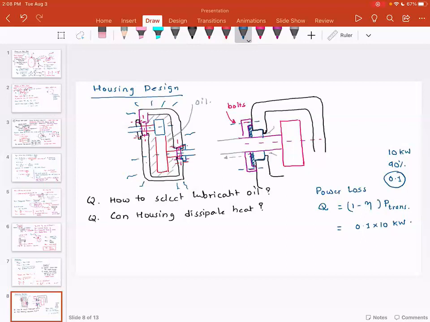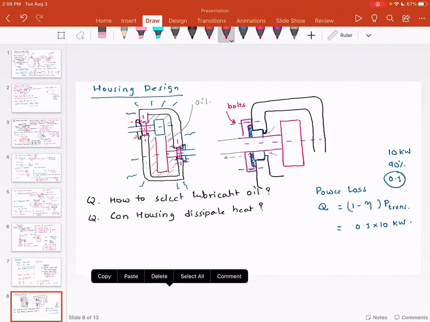So what we want to do is find out the surface area of the housing.